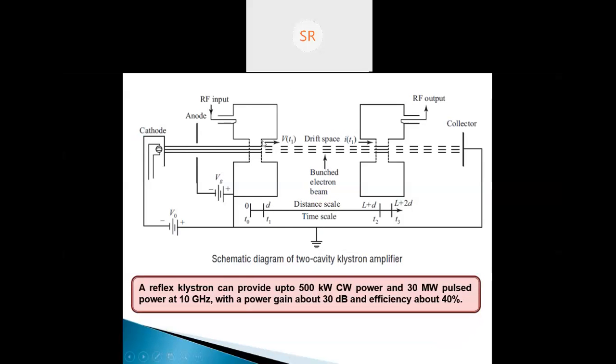This one is the buncher cavity, and this one is the catcher cavity. Wherever the bunch forms, if you put the catcher cavity there, all the energy will be released inside that cavity.